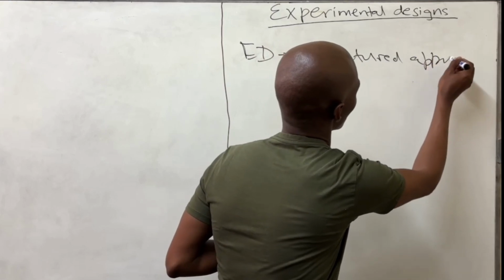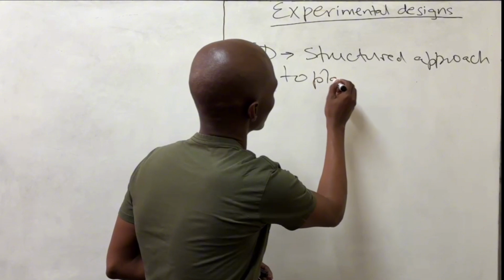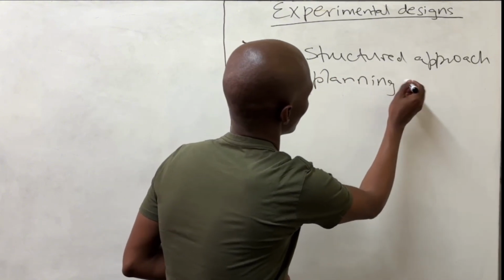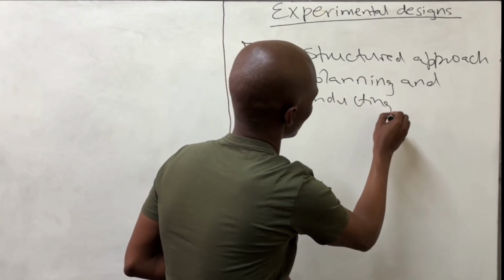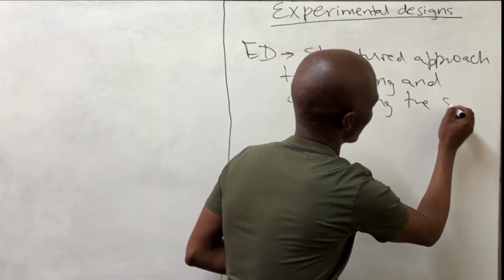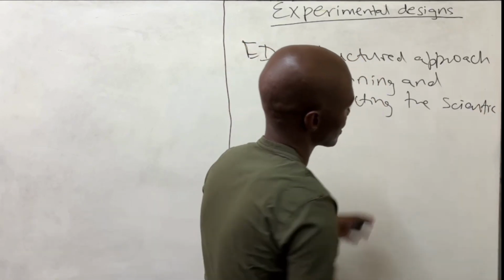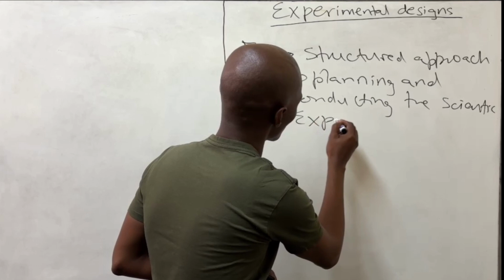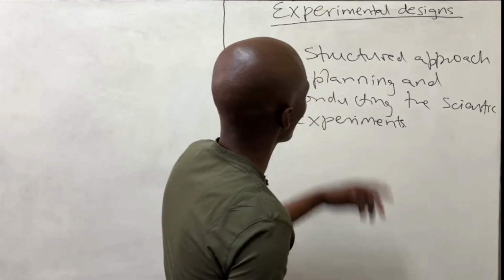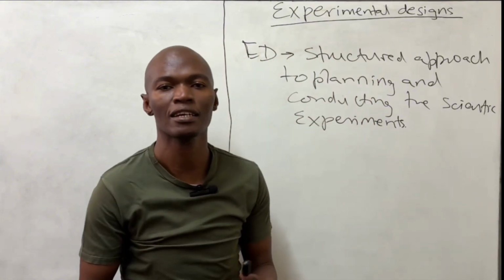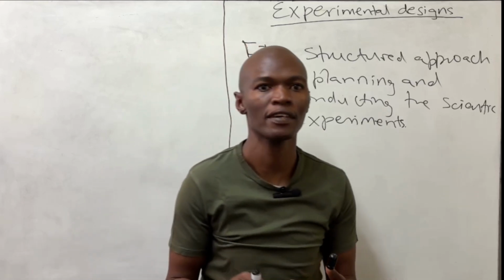In agriculture, when we conduct our scientific experiment, we have to use the experimental designs. So experimental design is nothing but a structured approach to planning and conducting the scientific experiments.